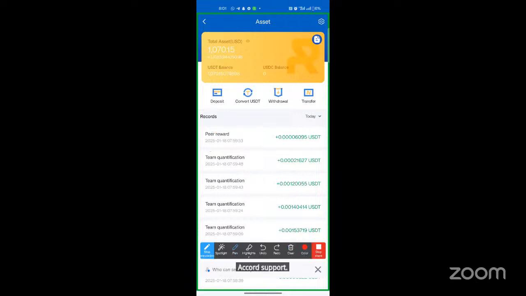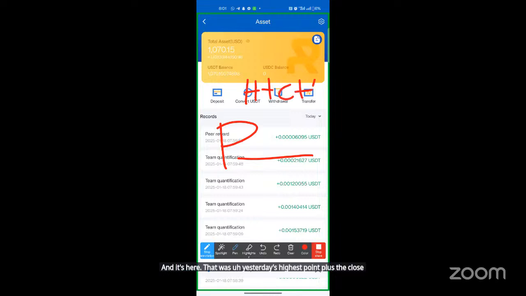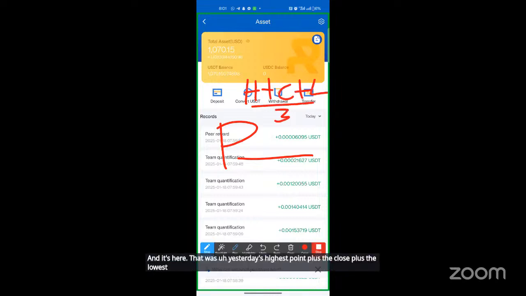So if this is the pivot, calculated from yesterday's highest point plus the close plus the lowest point divided by 3, then any point where the market could fall back or where people could find buying interest is called support.